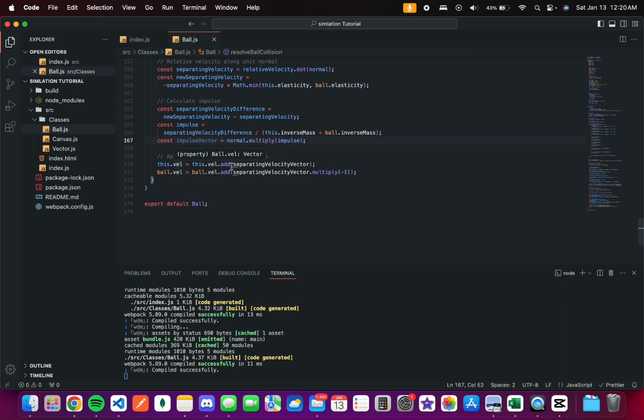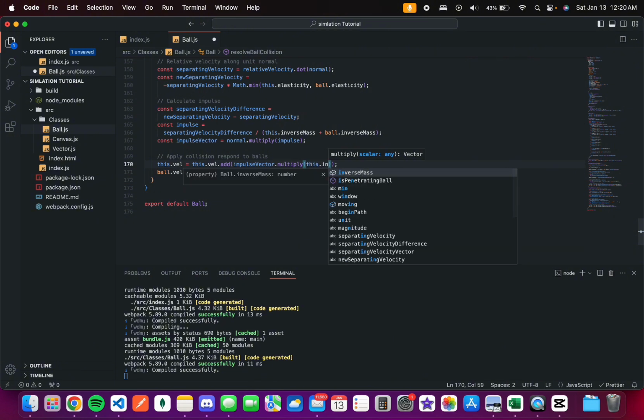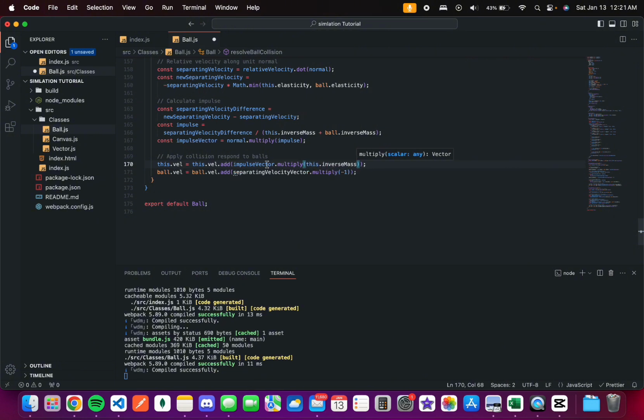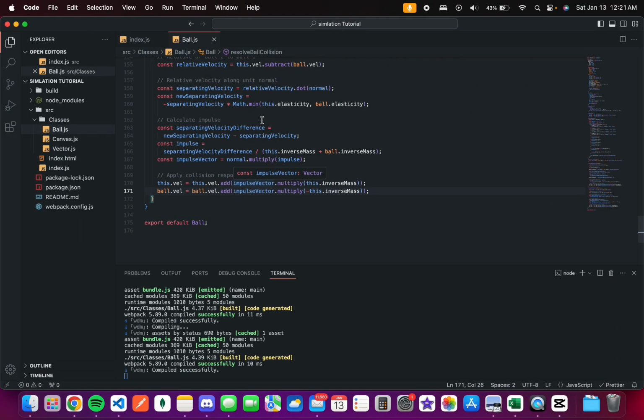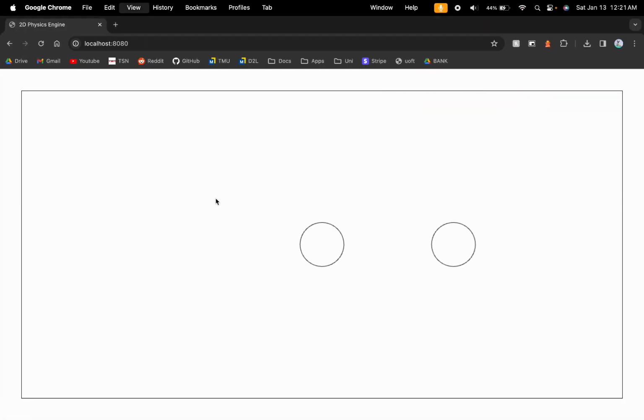And then this.velocity equals, we have to change this. We have to change it to impulse vector dot multiply. And again, this is the ratio that I was talking about earlier, and it's going to account for the differing masses. There you go. So now, if everything's correct, it should work.